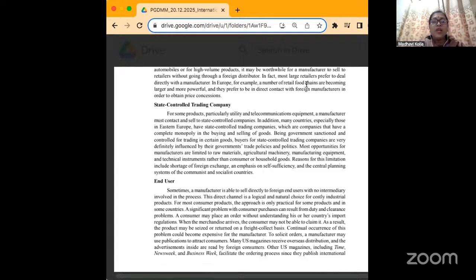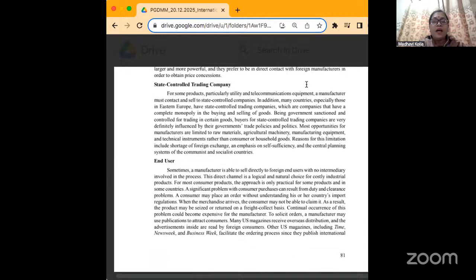Then we also have the third type, that is a state controlled trading company. In direct channel, the state controlled trading company refers to nation controlled companies which become your retail channel partners. This is more common in utility and telecommunication equipment, which is highly regulated.